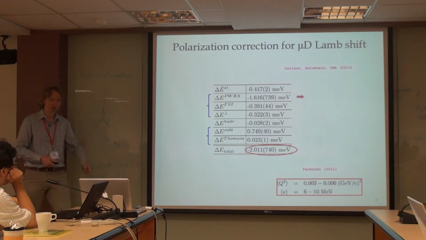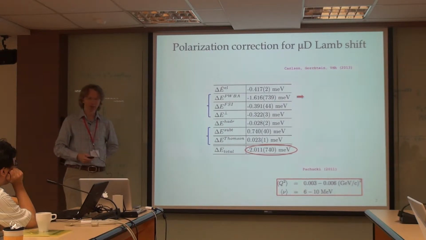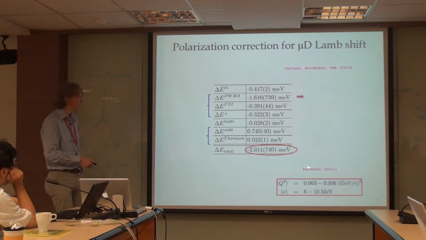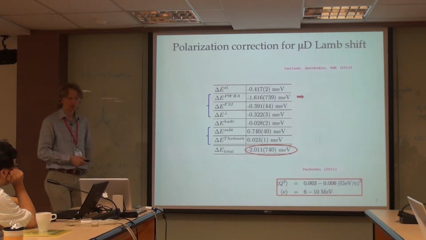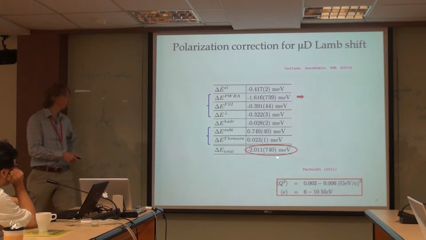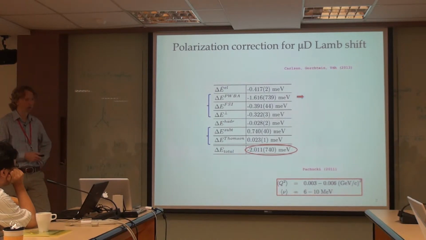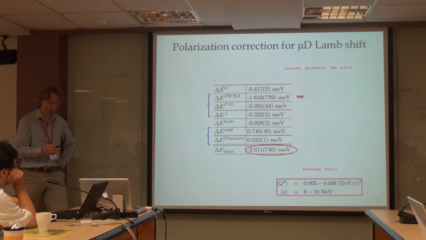There are new experiments actually going on to improve this situation, but this is the main origin. The aim with the new experiments is to bring this number down by a factor 4, and then one would know this two-photon correction much better.